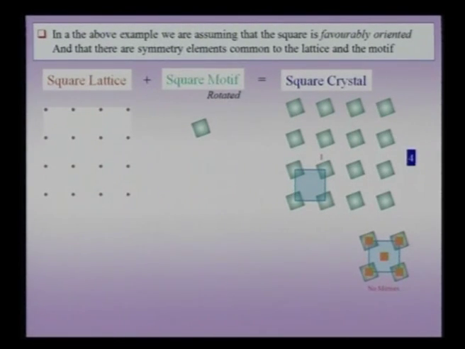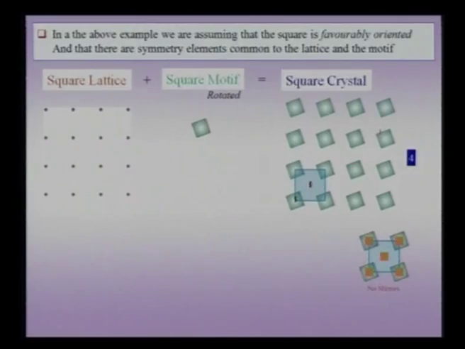Now if I analyze the symmetry of the crystal which I have generated, you would notice that all the fourfold axes survive. The fourfold which was present at the vertices, the fourfold which was present at the centers, all these fourfold axes of the lattice survive in the crystal. It requires a little bit of mental exercise to see that they actually survive, and that is left as an exercise to the students.